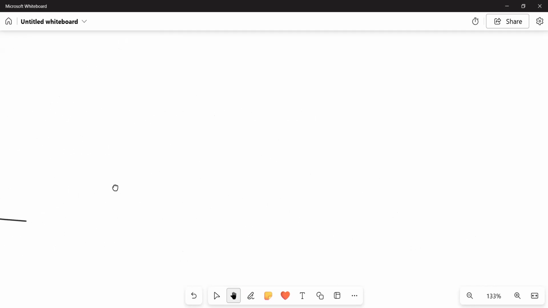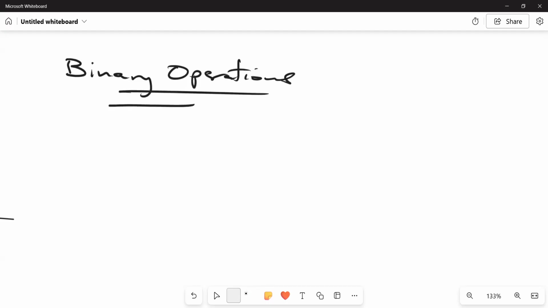I noticed in the course outline it says operations with numbers. I think the person meant binary operations. This is high school: you can have operations that you do on two numbers or more, on a set of numbers.